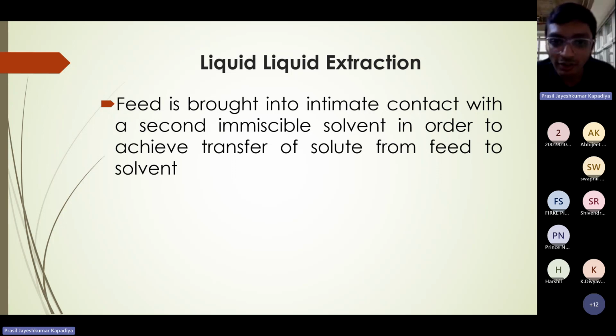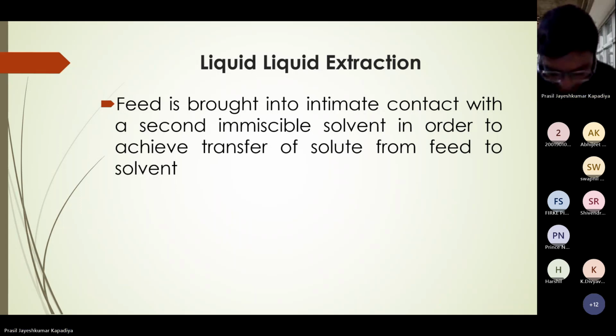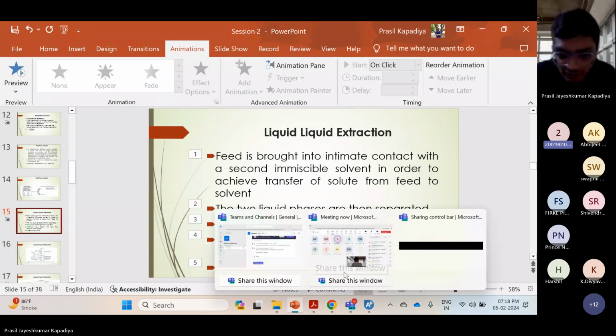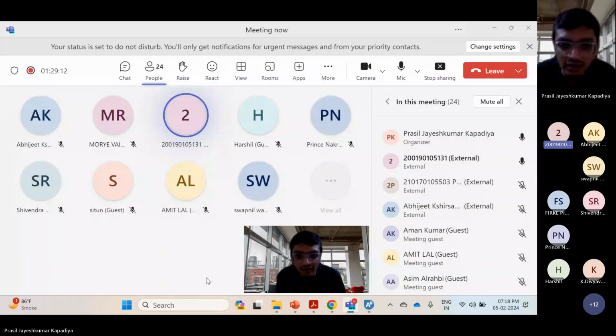So why have I used the word immiscible solvent? Because we don't want to use any kind of energy such as heat for separation of the two.